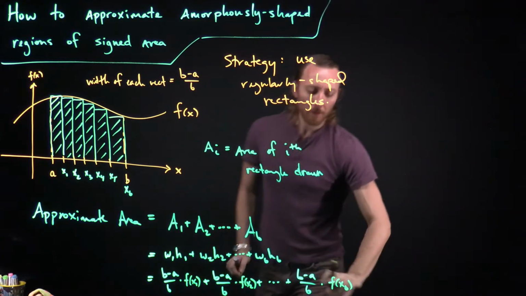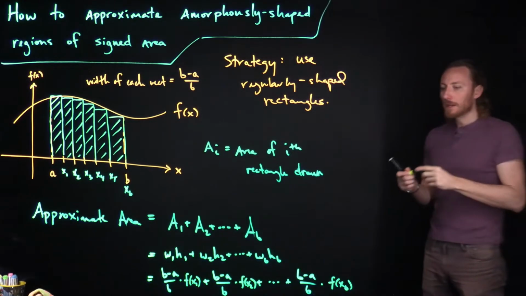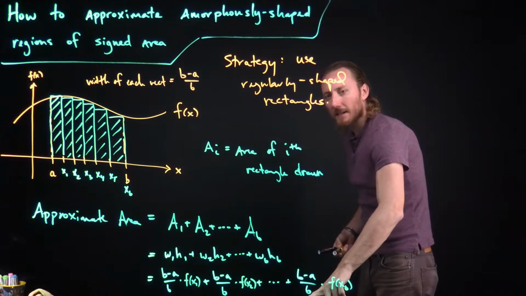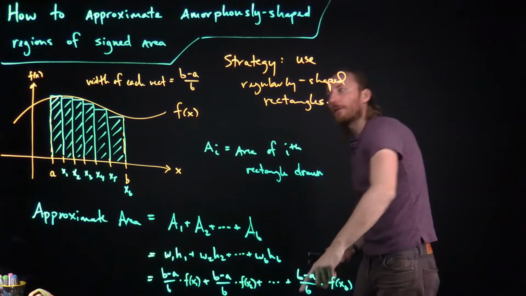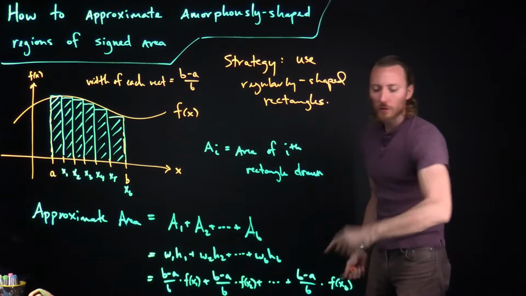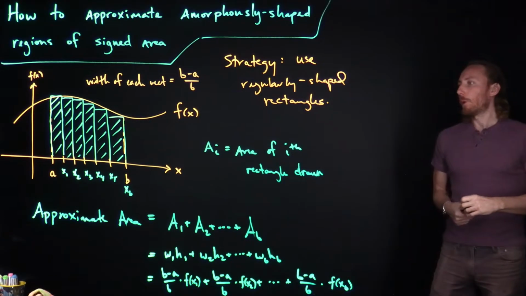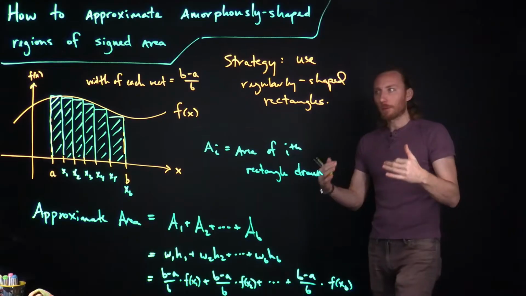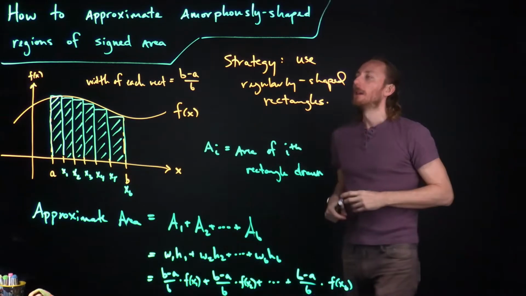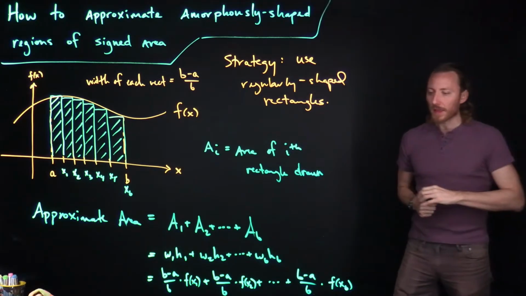The 6 here, because there were exactly 6 rectangles, shows up in the denominator of our expression for the width of each rectangle. That 6 also shows up in the number of points from the domain that we sampled to evaluate the height of our function's graph at that point.